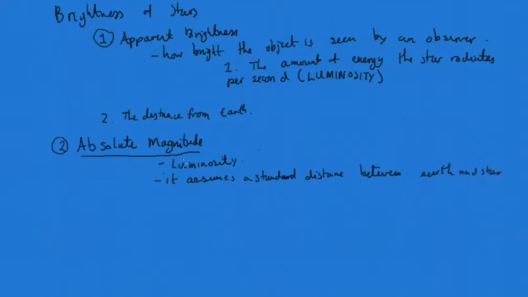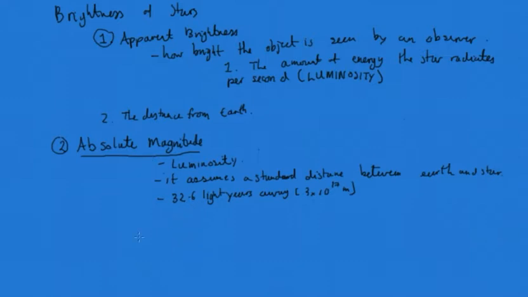So it assumes that the Earth and the star are 32.6 light years apart, which is 3 times 10 to the 17 meters. So it takes a star and it assumes that if that star was 32.6 light years away from the Earth, what would its magnitude be?